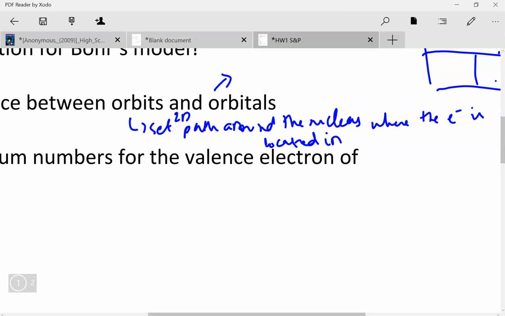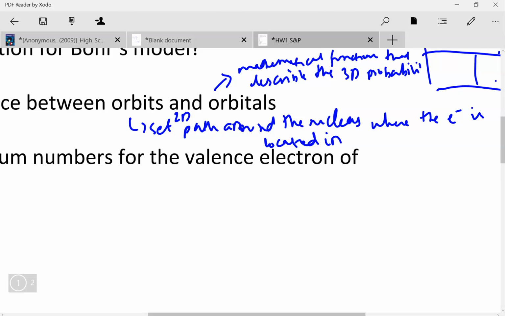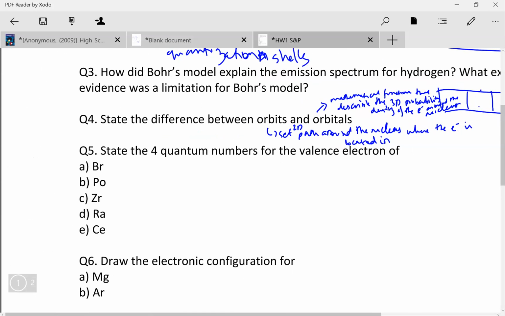Orbitals, on the other hand, are mathematical functions that describe the 3D probability density of the electron around the nucleus. Or any version of those would be fine.